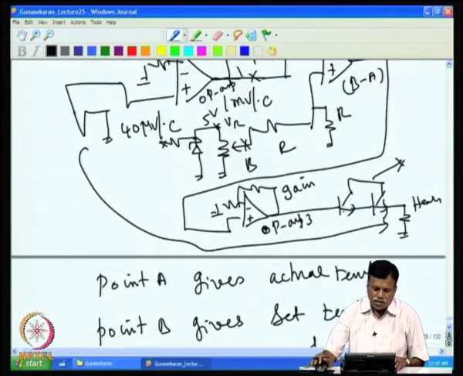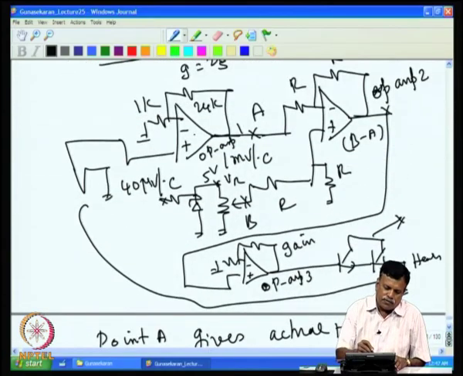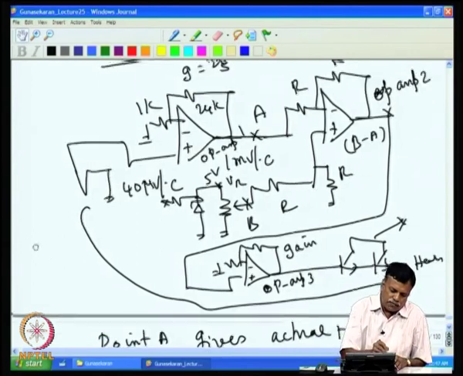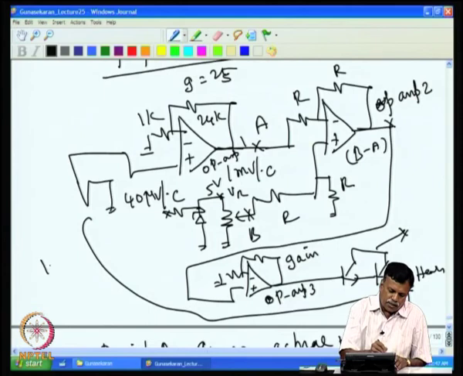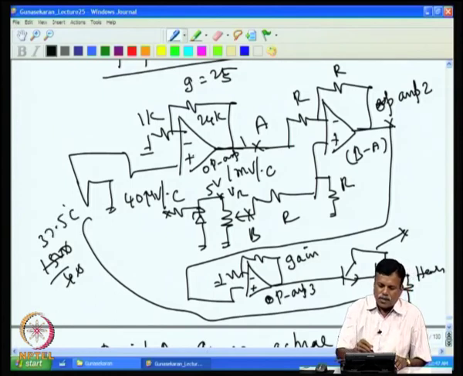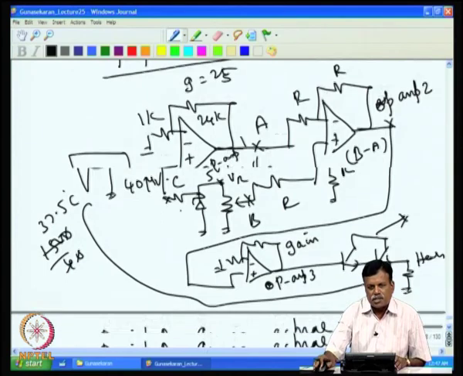For example, if I use 741 in this case, which has 15 microvolt per degree offset voltage drift, for 100 degrees it will be 1.5 millivolt. 1.5 millivolt drift at the input will correspond to, if we calculate, 1500 divided by 40, that comes to 37.5 degree error.